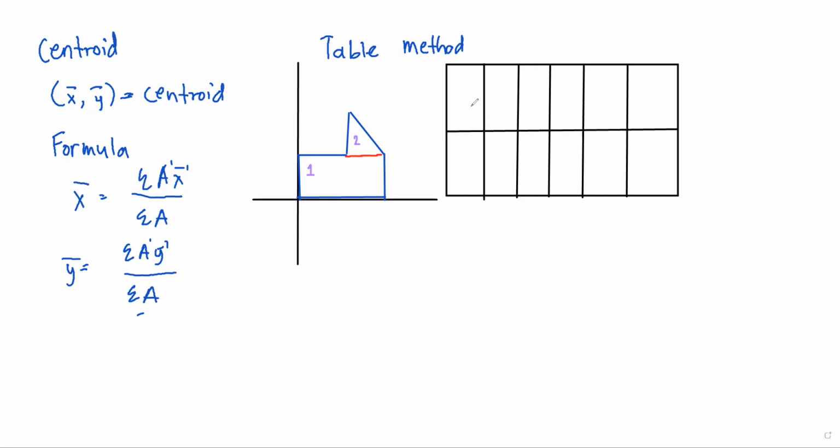Sa first row natin, first column, list down natin kung ano yung shape. So, dito 1, dito 2. Lahat ng lilist mo dito is yung component nung shape 1 natin. Next is yung X component niya, Y component niya, and then yung area or yung resultant. And then next is area multiplied by X component, then area multiplied by Y component.